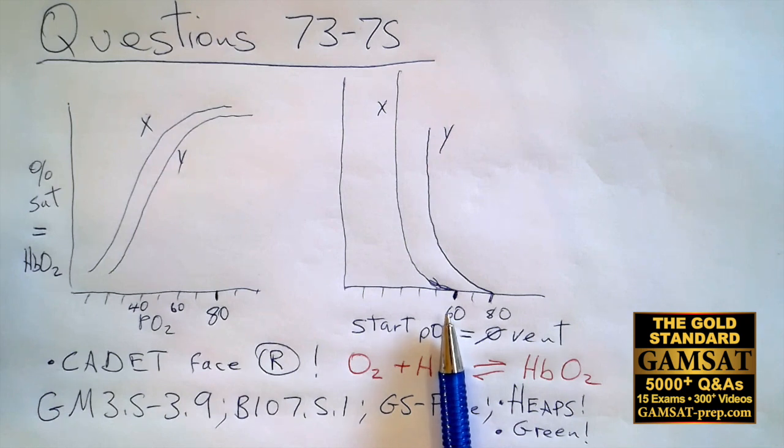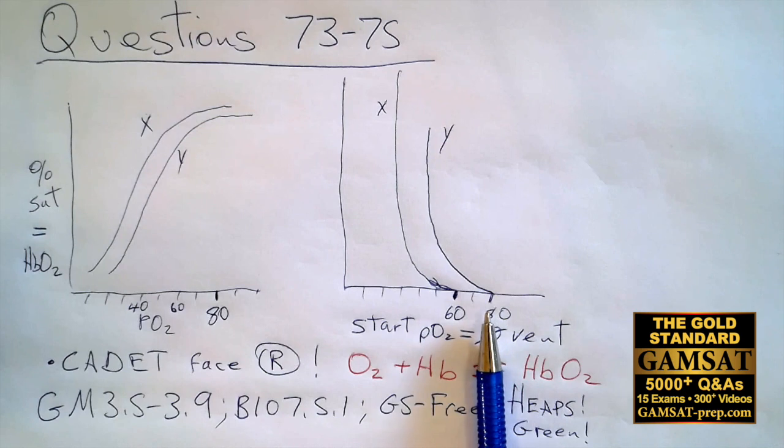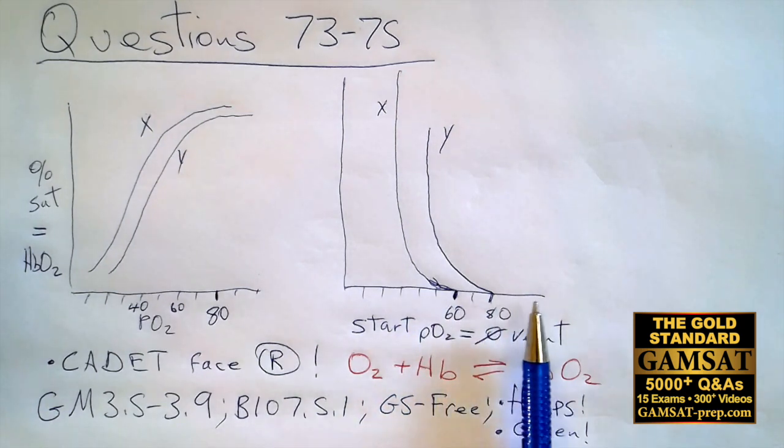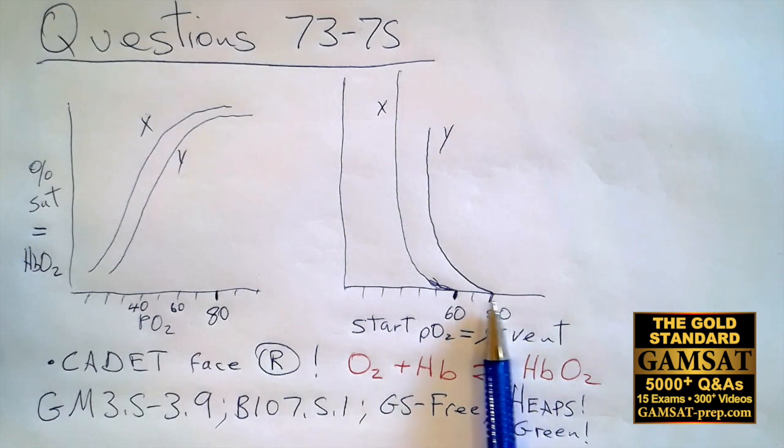But increased ventilation for X or Y starts at 80, because you can't say it starts at 60 because Y has already started. And in fact, they made you look at that in question 73. They made you establish that in 73 and even to reflect on this difference for question 74 as well. Question 75 highlights that the first time that we get an increase in ventilation is going to be at 80.